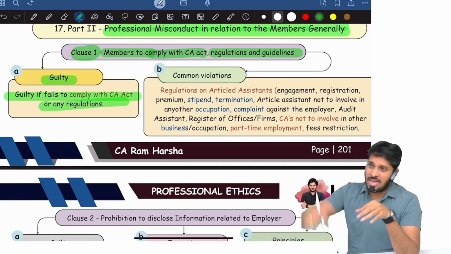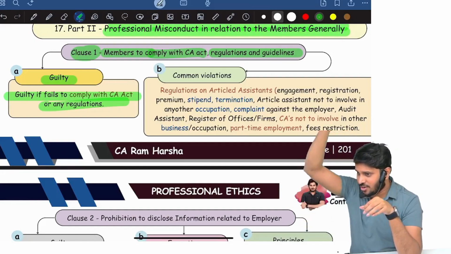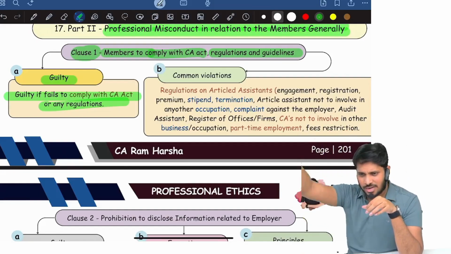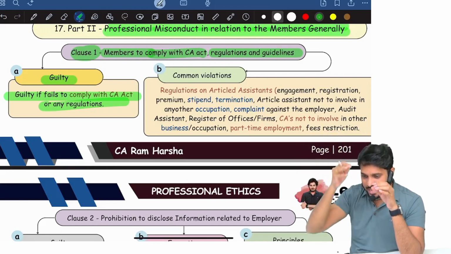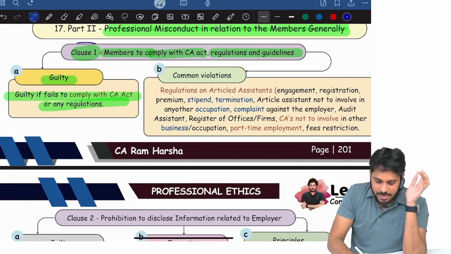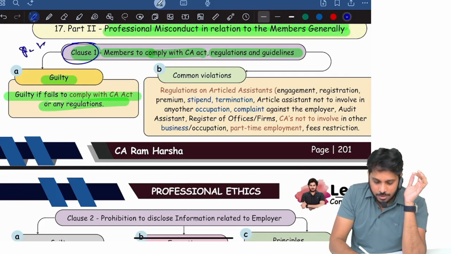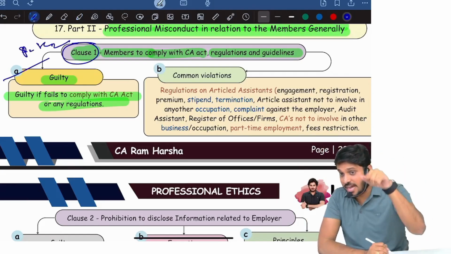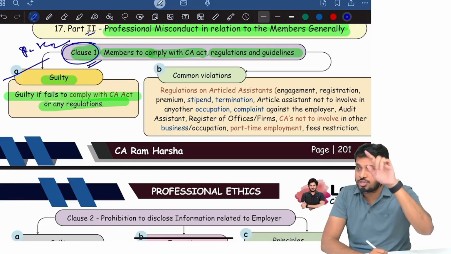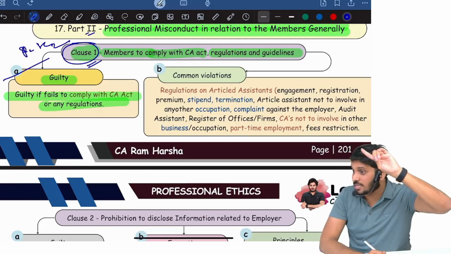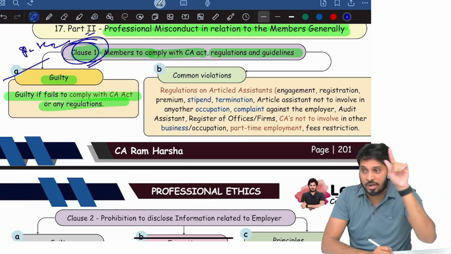Typically speaking, every clause you fail, whether it is schedule 1 or schedule 2 or council guidelines, even the ethical requirements at the beginning, anything that you fail will automatically attract clause number 1, part number 2, schedule number 2. So in every answer where you are writing guilty, you can refer to clause number 1, part number 2, schedule number 2, because in 1 or 2 answers in the MTP, I saw this clause number 1 is also referred.